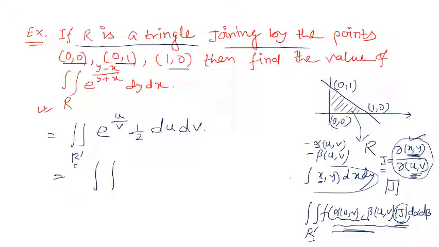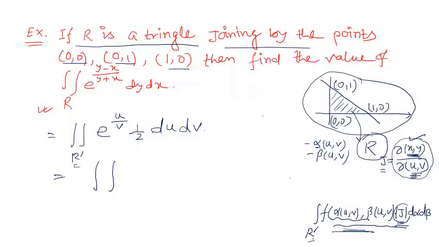Now you have to determine its limits. So before determining the limits, we have to draw the figure corresponding to the transformation. Actually, this figure transforms into another figure. This figure is represented by capital R. Now I am drawing the figure after using this transformation.